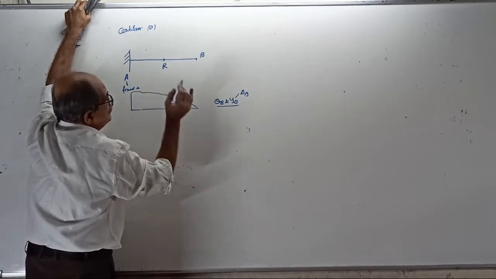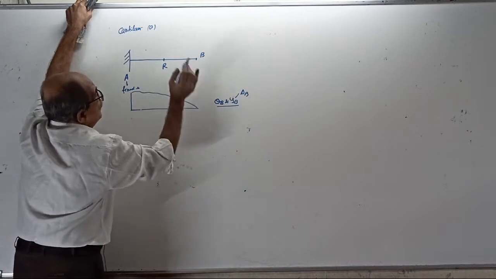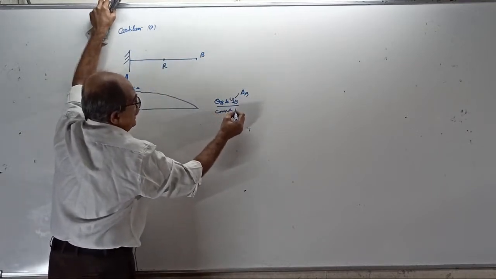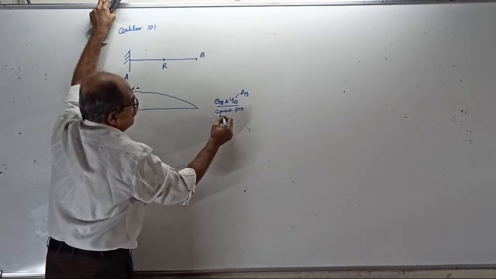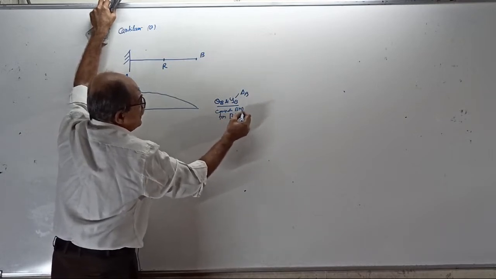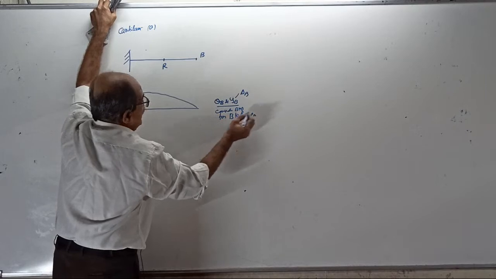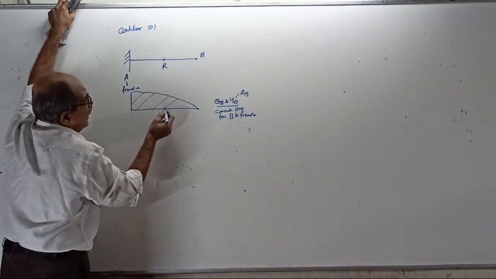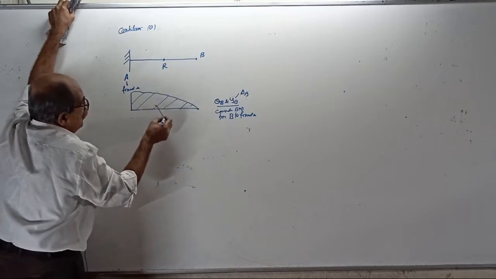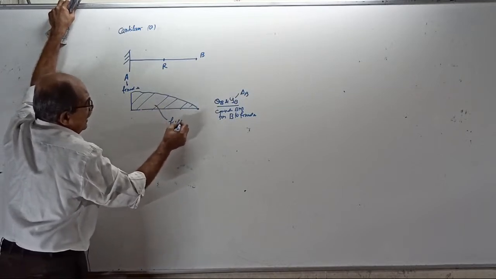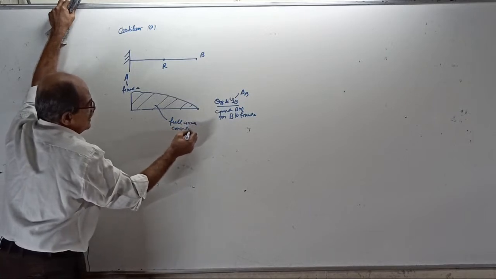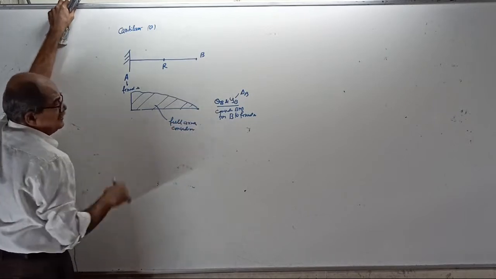Bending moment diagram. Then you should consider the BMD from B to the fixed end. That is, B is here, the fixed end is here, full area. So this full area is considered.